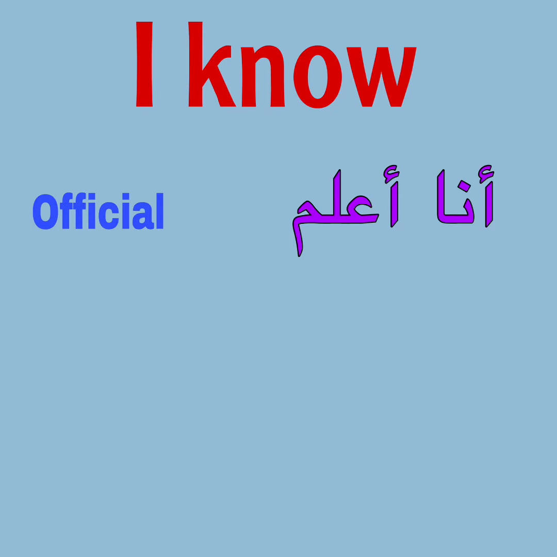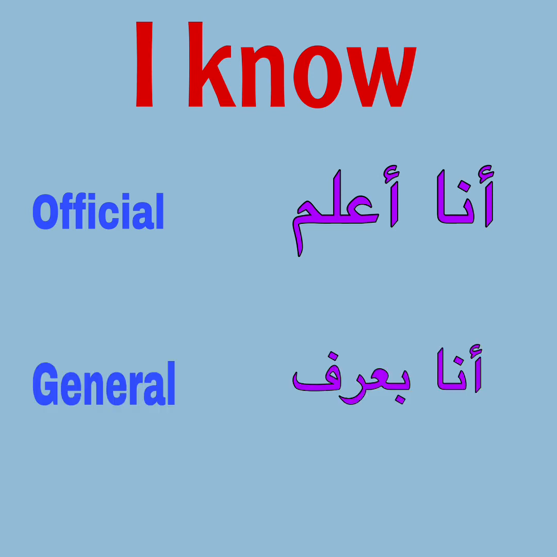Ana a'lam. Ana means I and a'lam means know. Or you could say ana ba'rif. In Arabic you don't have to say me. You can just cancel the word ana and say a'lam or ba'rif. A'lam means I know.